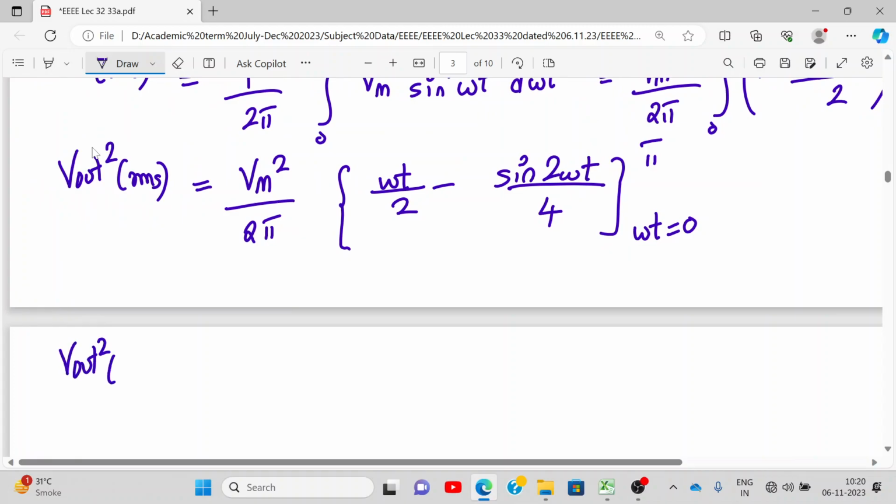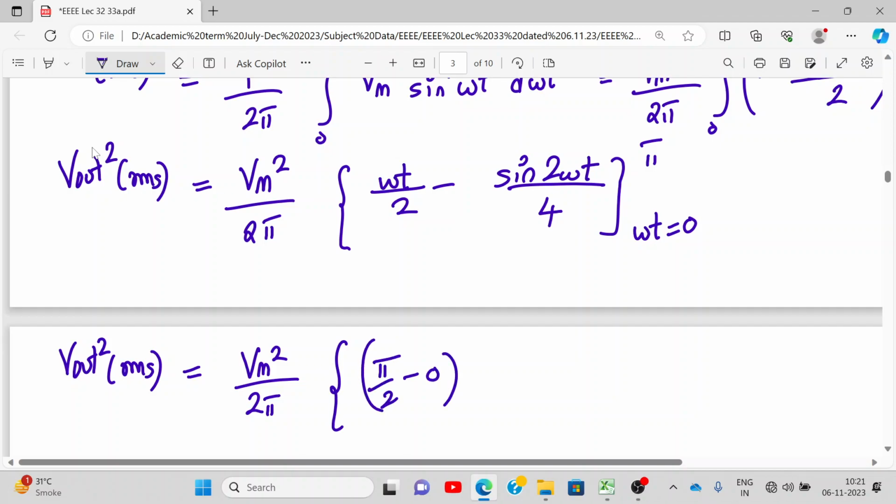So V out square RMS will be Vm square upon 2 pi. Tell me what this value is. This will be pi by 2 minus 0 minus sine 2 pi by 4 minus sine 0 by 4.